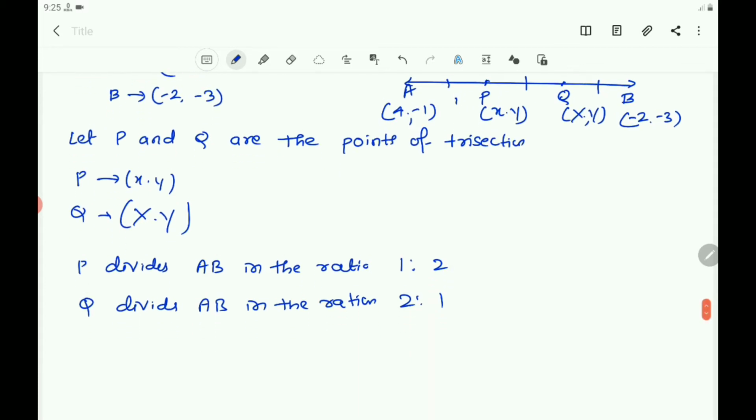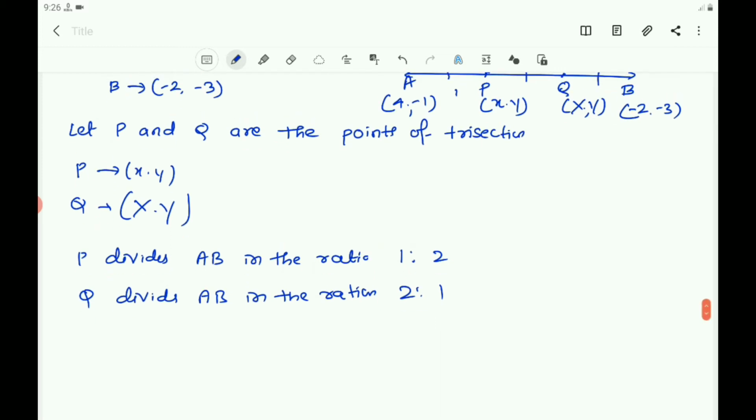Now let us find the coordinates of the point P which divides the line AB in the ratio 1:2, and the coordinates of the point Q which divides AB in the ratio 2:1.